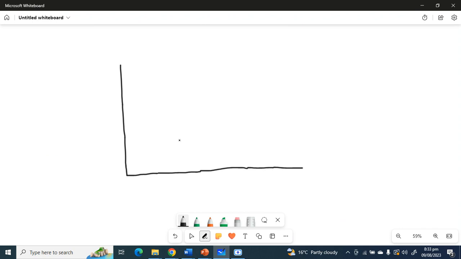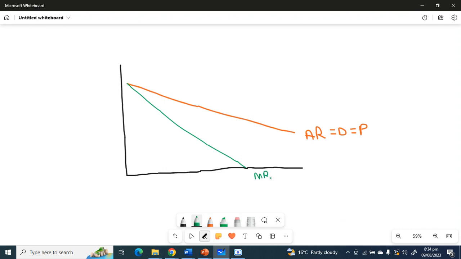All right. You start with the average revenue curve. In monopolistic competition, average revenue is also equal to demand and is also equal to price. All right. After you draw your average revenue, you're going to draw the marginal revenue curve, which slopes twice as steeply as the average revenue curve.